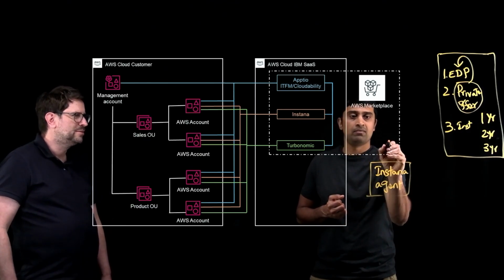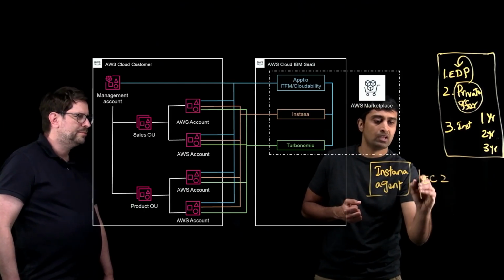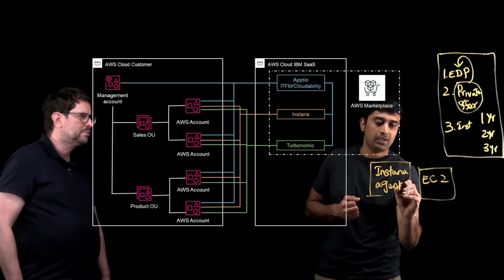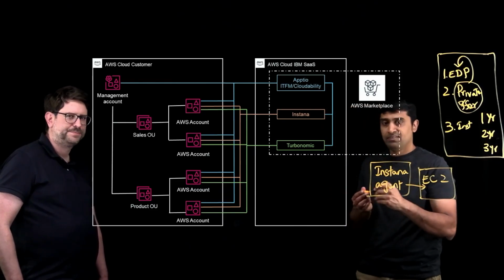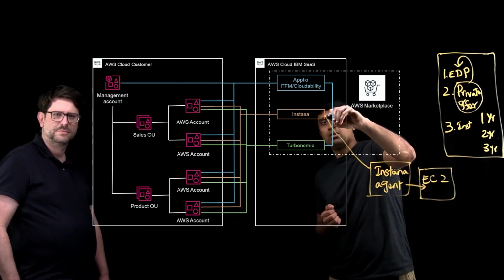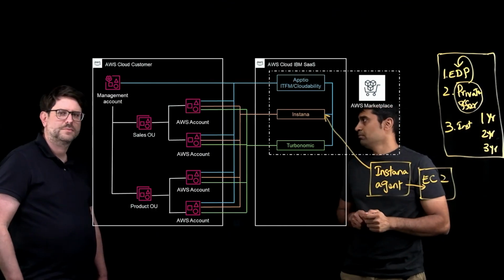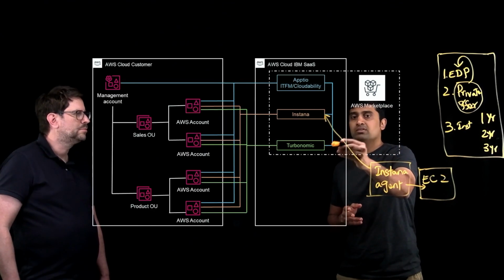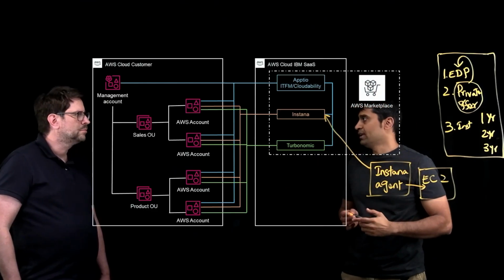If you have, let's say, for example, workloads running on EC2 instances, and you want to capture performance metrics on your applications, then you would install this Instana agent in your EC2 instance, and that will in turn send this data over to your Instana tenant that's fully managed by IBM. And that information flows down to Turbonomic. It takes the necessary actions, and then that information flows into Apptio so you can have your full financial picture.